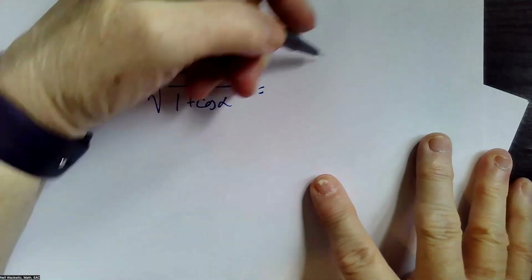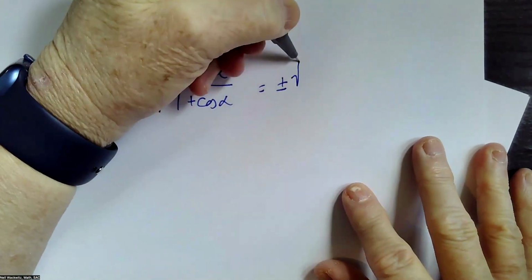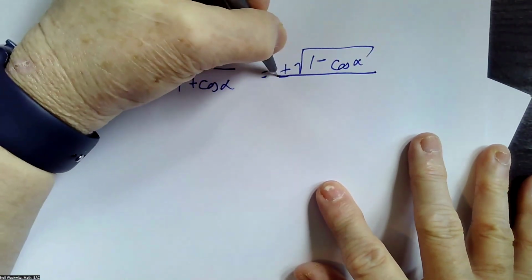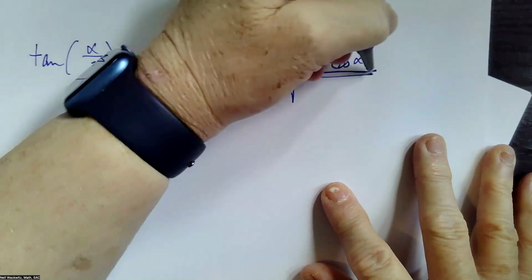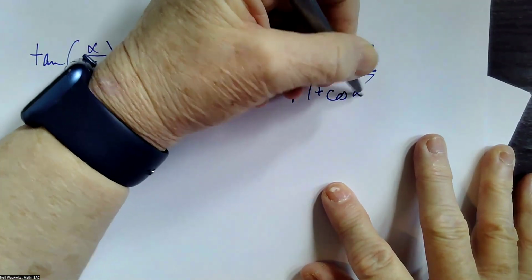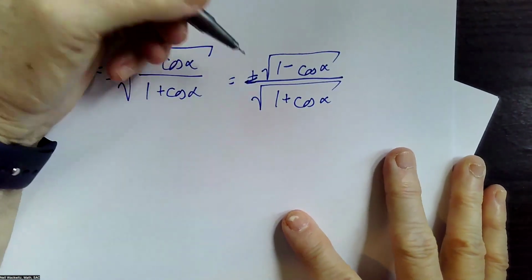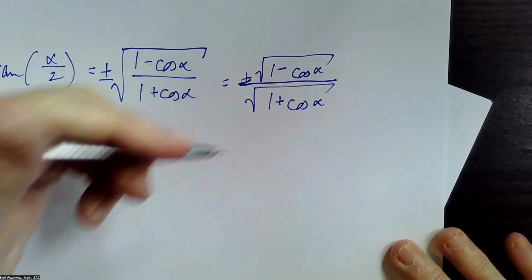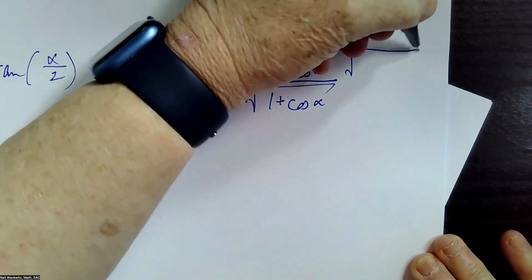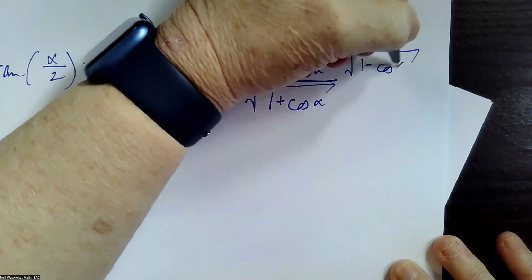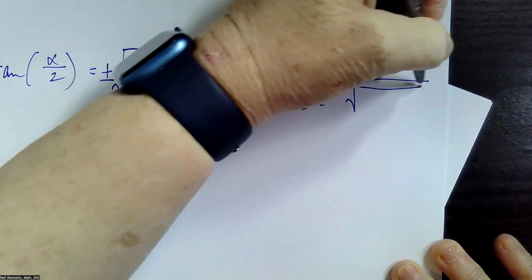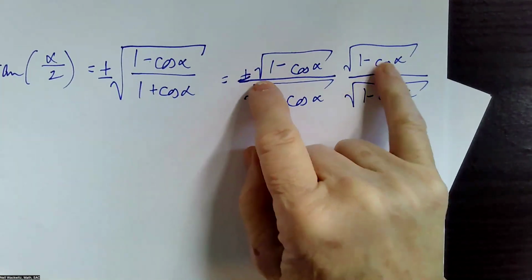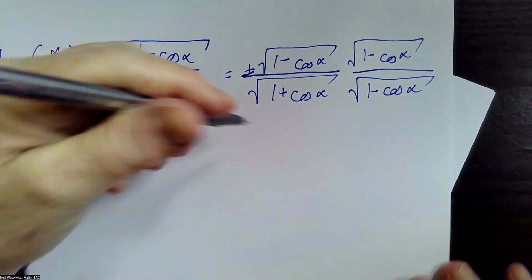So this is the same as the square root of 1 minus cosine alpha divided by the square root of 1 plus cosine alpha. Let's rationalize the numerator, which means we're going to multiply numerator and denominator by the square root of 1 minus cosine alpha. I have to multiply by the square root to get rid of the square root.